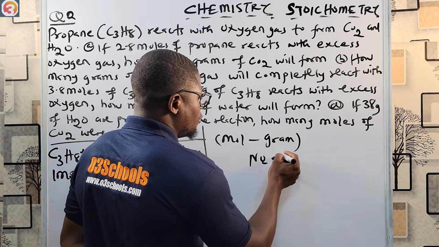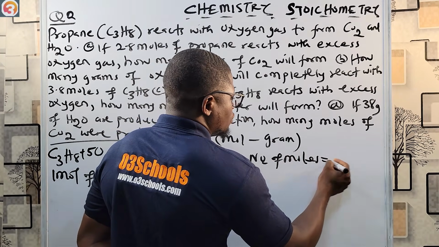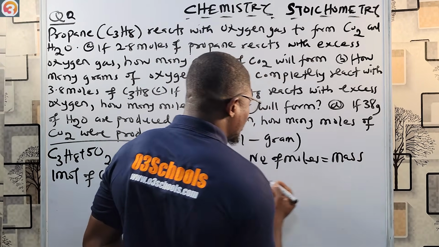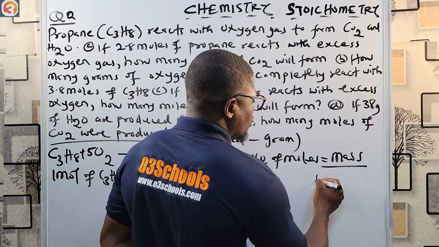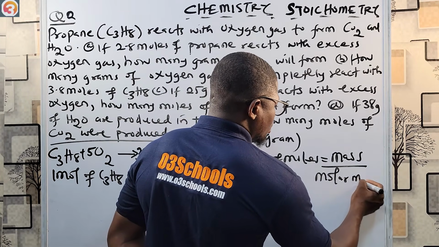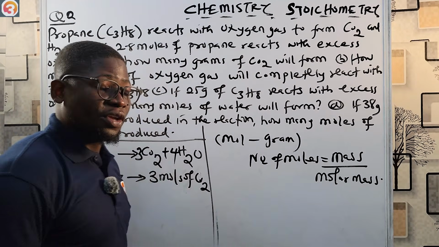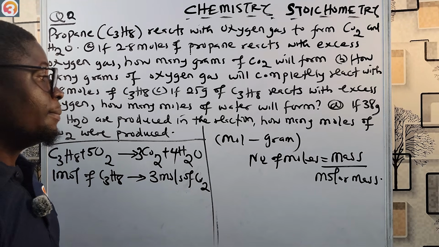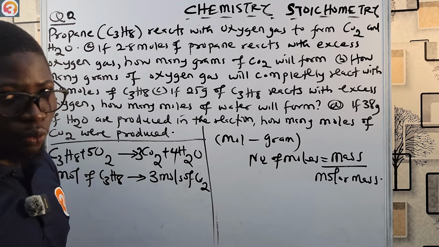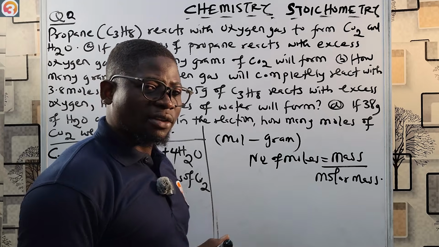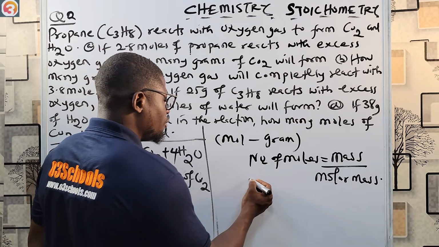The formula for looking for number of moles is mass of the substance over the molar mass of the substance. That is the formula we use. Okay? So now, having known that, it's also important that we can also look for number of moles.